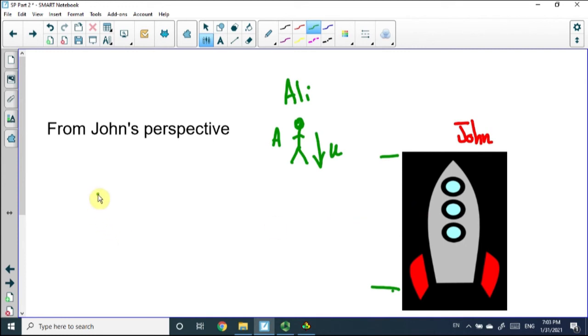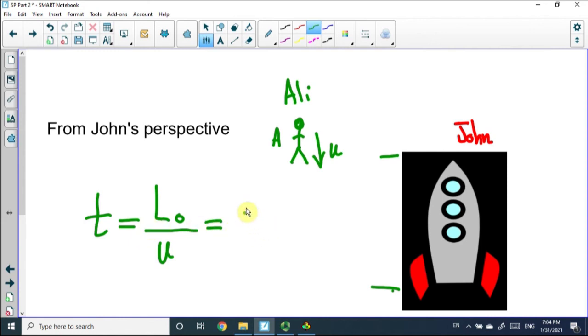Now let's try to calculate the time for John. This is done easily. For John, he knows the distance, which is the length of the spaceship. According to him, this is the proper length, so let's call it L0, divided by the speed of Ali.